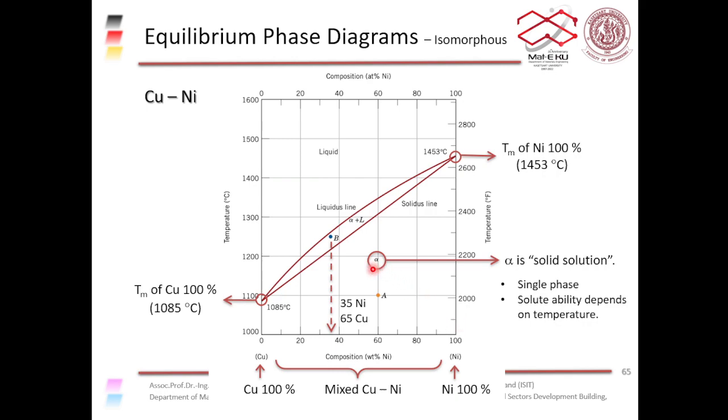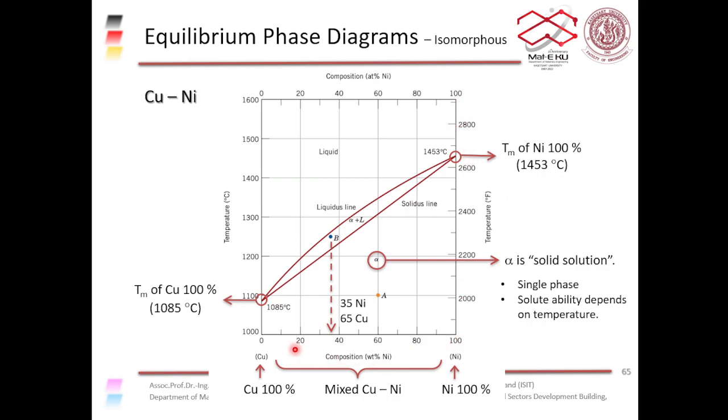Okay, so we have the alpha phase here. For example, if we are looking at 35% nickel, 65% copper. Okay, so let's familiarize ourselves with the phase diagram first. On the y-axis, we have the temperature in degrees Celsius on the left-hand side, in degrees Fahrenheit on the right-hand side.